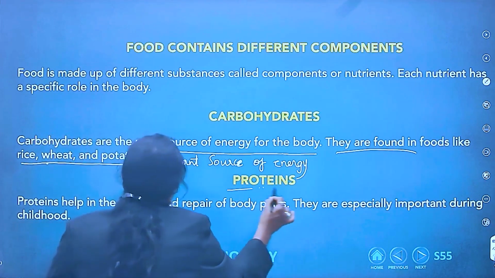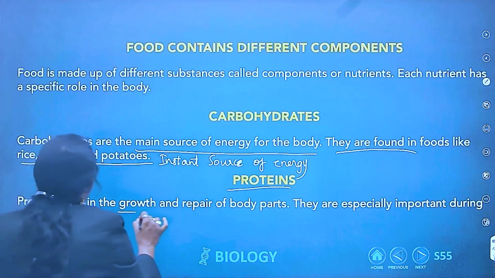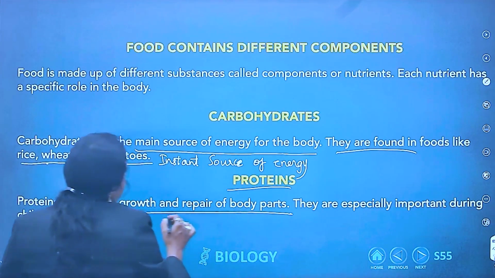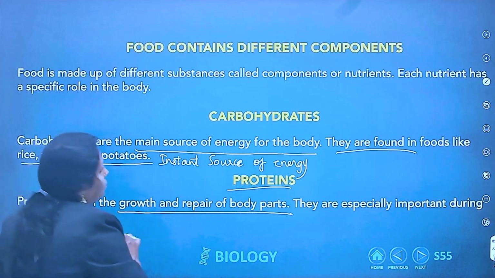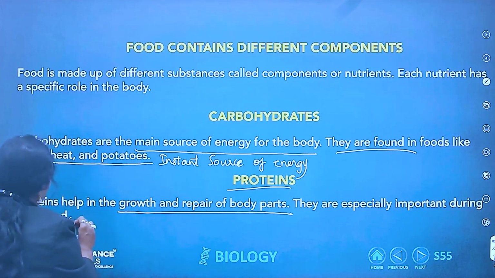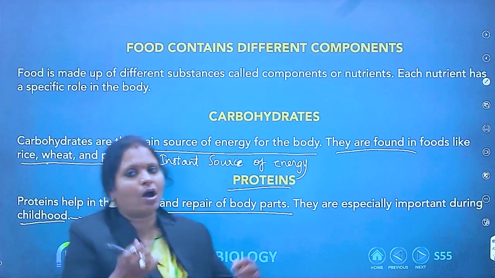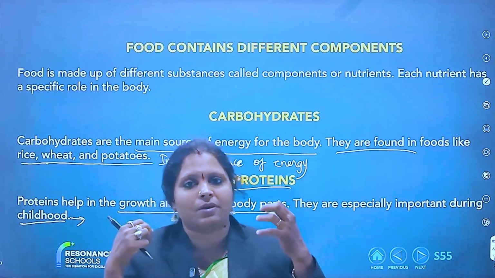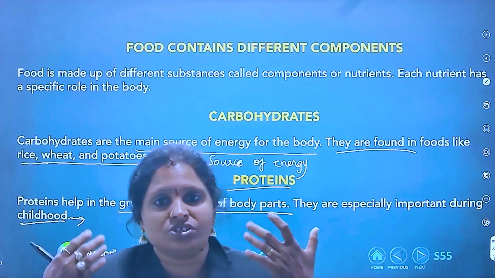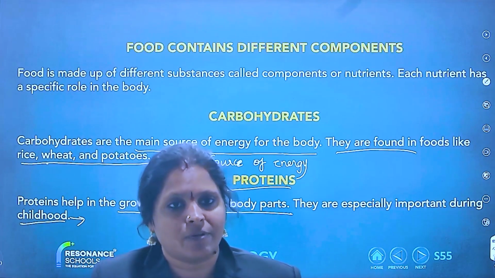Coming to the proteins. Proteins help in the growth and repair of body parts. They are especially important during childhood. In our childhood our body is built up completely, made up of many amino acids. A strong skeleton is formed in our body.